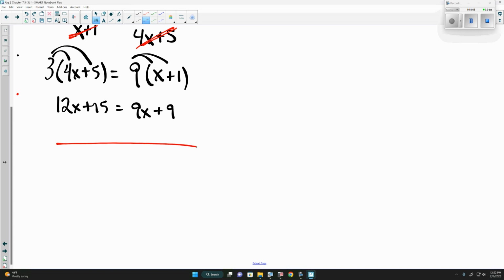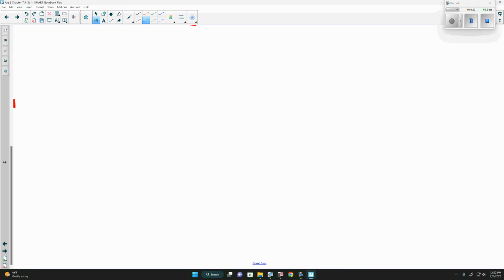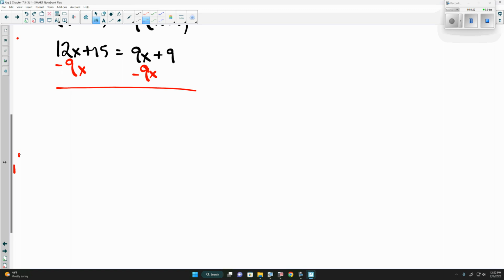Now we don't have any like terms on either side to combine, so we can start solving for x. The next thing we can do is subtract 9x. Either would work, because we could subtract 9 first, or we can subtract the 9x first. We just need to pick one. So here, 9x subtracted away from 12x is going to be 3x plus 15 is equal to 9.